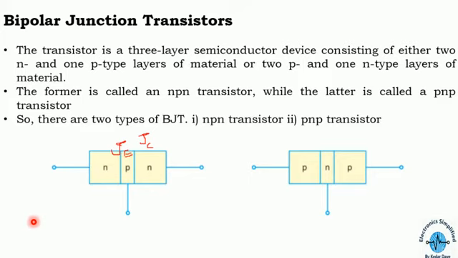Any one type of charge carriers, let's say electrons. First we will take the case of electrons. Whenever the depletion layer is formed, the voltage required is about 0.7 volts for silicon diodes, and it will start conducting after the 0.7 volts is crossed.